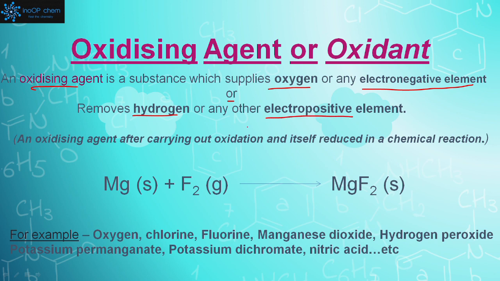It is very important to note here that an oxidizing agent, after carrying out oxidation, is itself reduced in a chemical reaction. For example, a reaction is given in which magnesium and fluorine combine to form magnesium fluoride.